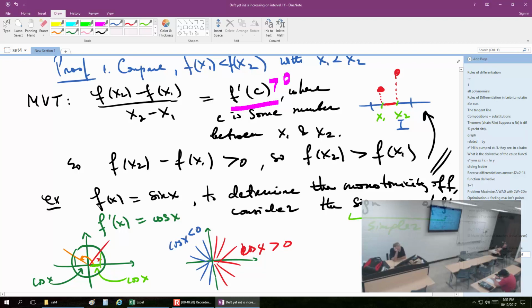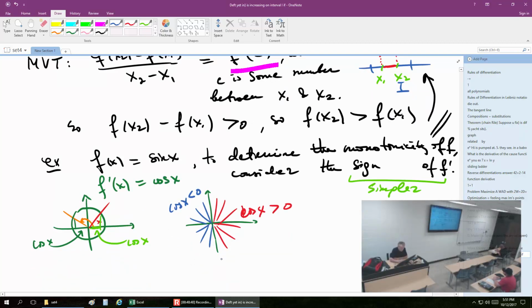That's all we need to know, the angle, as the x is the angle. The angle down is negative pi over 2, and up is pi over 2.